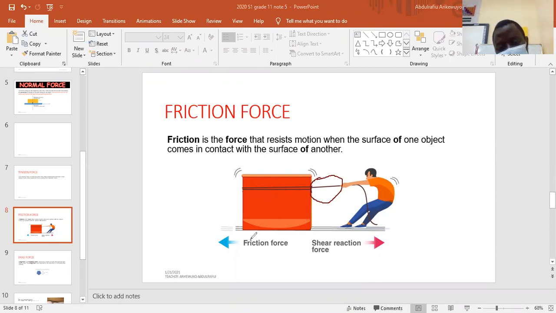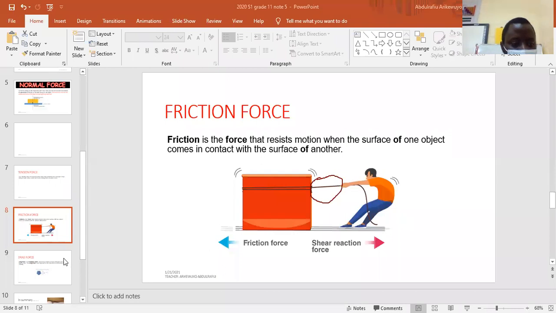But here, there is a friction force that is acting towards the opposite. When this man is pulling to the right, then the friction force is acting towards the left around the surface in contact. We are going to talk more about friction force in our next lesson, inshallah.